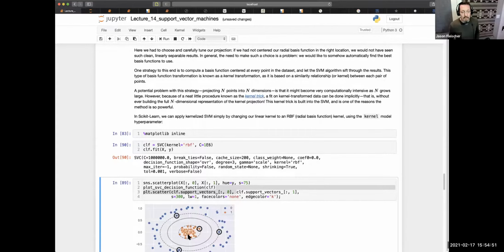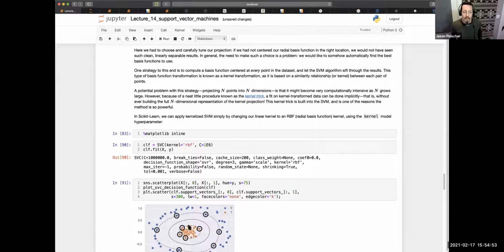So what's happening is the similarity is being calculated between every data point, like let's just start with this one right here, and it's being calculated to every other data point, okay, in the whole training set.